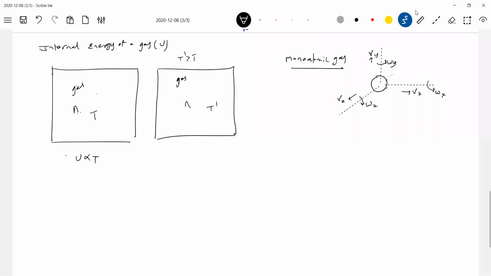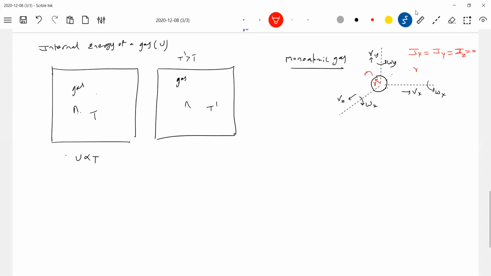What is the overall kinetic energy of this? We know the radius of the sphere, and the mass of the molecule will be very small. So the moment of inertia about x, y, and z should be equal to 0. Any reason for this?